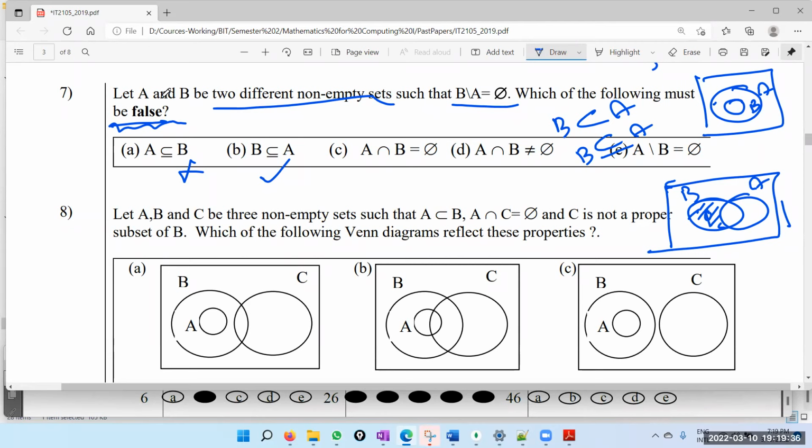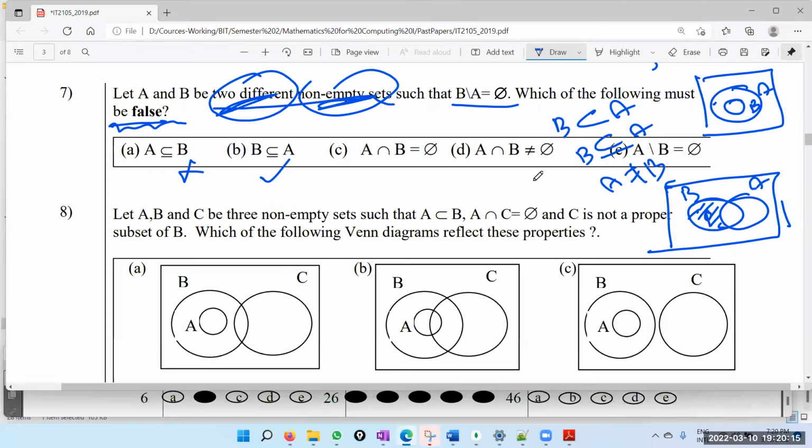Do they say that A and B are any non-empty or something like that? Yeah, non-empty sets. And they say two different. Now you have to pay attention, right? Two different. So that means A is not equal to B. Now, this is a tricky question.